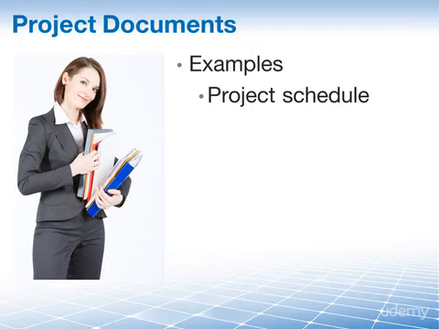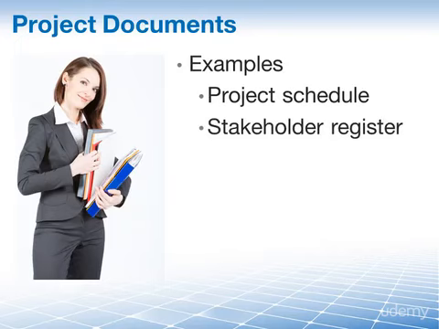If they have no idea if you are on schedule or not, your stakeholder engagement will suffer. If you don't include the stakeholder register as an input here, how will you know who all of your stakeholders are, especially on a very, very large project? If you don't know your stakeholders, how will you keep them engaged?